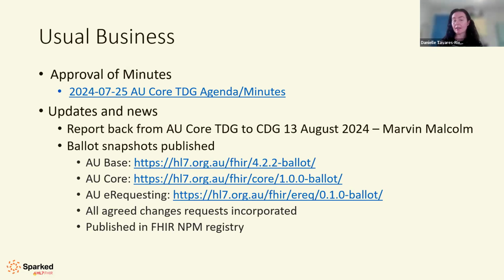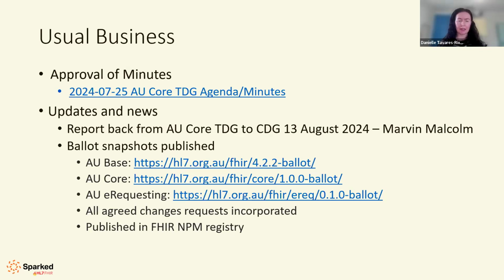So AU Base, AU Core and AU requesting were all published on the 5th of August. They're all about to go through ballot. And to my knowledge, for all of those specs, all agreed changes have been incorporated. And so they're published in the NPM registry. So they're fully there, they're downloadable, you can start playing with them.